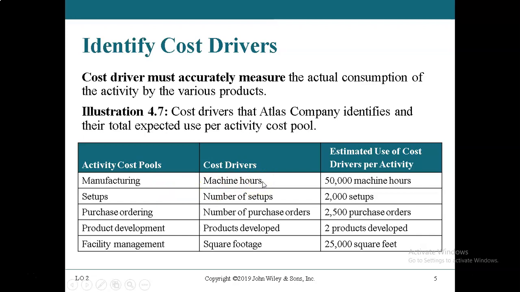That means if you have more machine hours, you have more manufacturing cost. So you can see that the cost driver and the activity cost are going to be directly related. What about setups? A good cost driver for setup cost would be number of setups. So the more setups you have, the more setup cost you have. That's called a cost driver.